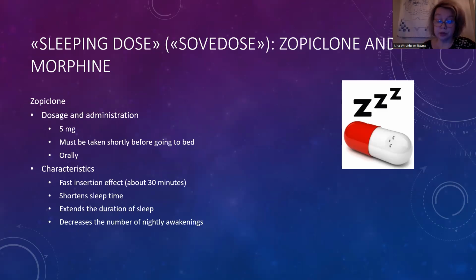It shortens sleep latency, which means it shortens the time that the patient will take to fall asleep, and it extends the duration of the sleep. And it also decreases the number of nightly awakenings.